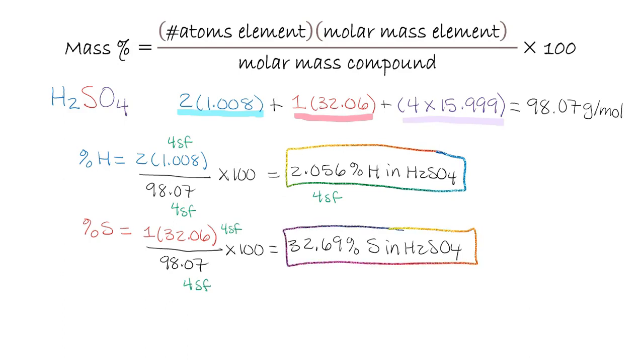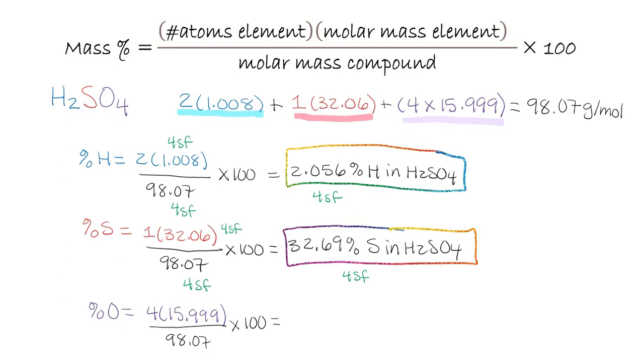And finally, for oxygen, we have 4 times 15.999 divided by 98.07 times 100, and that will give us percent oxygen.